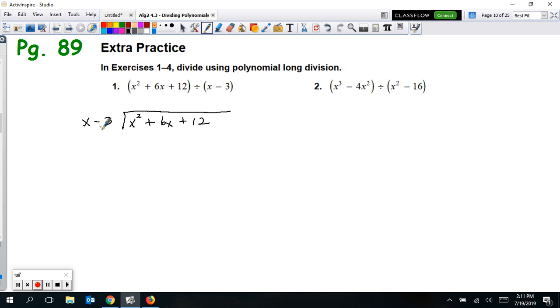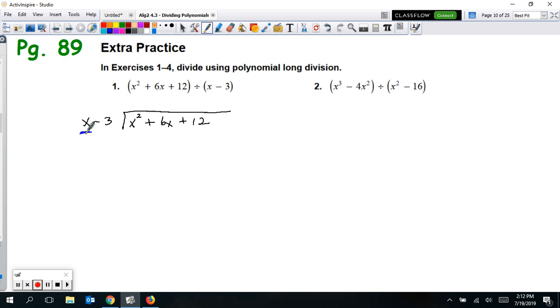We're going to go ahead and begin by dividing, multiplying, subtracting, and bringing down. So we have our go-to term here. The very first thing is you have to realize all the steps are like the long division. It's just now we have polynomials. So we have this first term right here. This is going to be our go-to term, x.